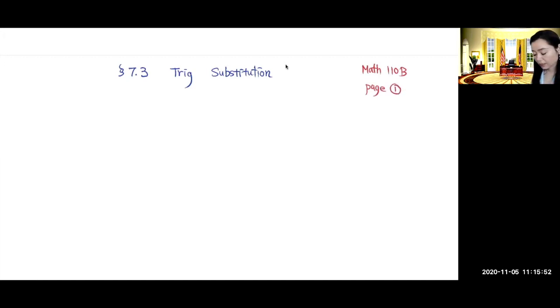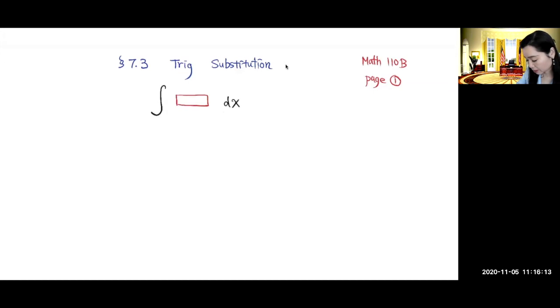Right. So in this section, we're going to deal with this type of integral. So when the integral over here involves this square root, there are 3 types of square root.